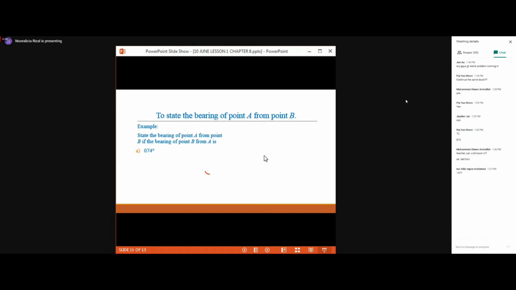A minute to draw out the 74 degrees. Okay, 30 more seconds for you to try out. Drawing is usually with pencil, but if you accidentally drew with pen, it's okay.